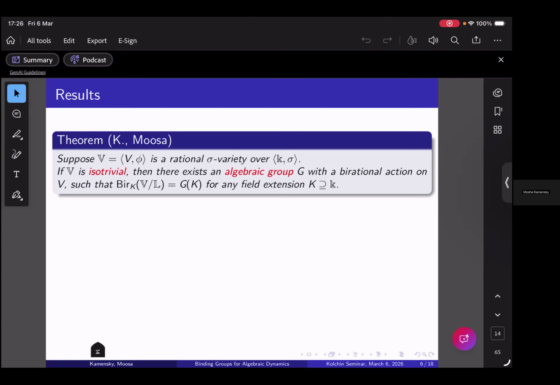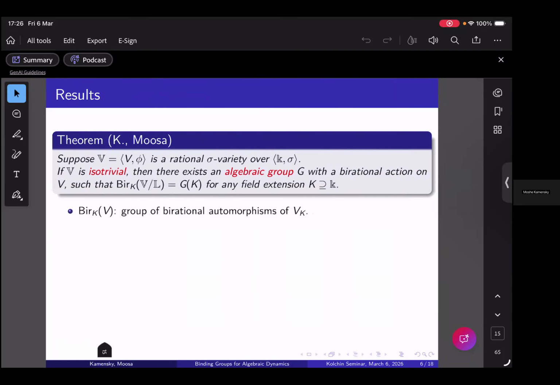So I need to explain what this group is, what these birational automorphisms are, and then of course also what isotrivial means, and probably say why this is interesting. So I will start with the birational automorphisms.